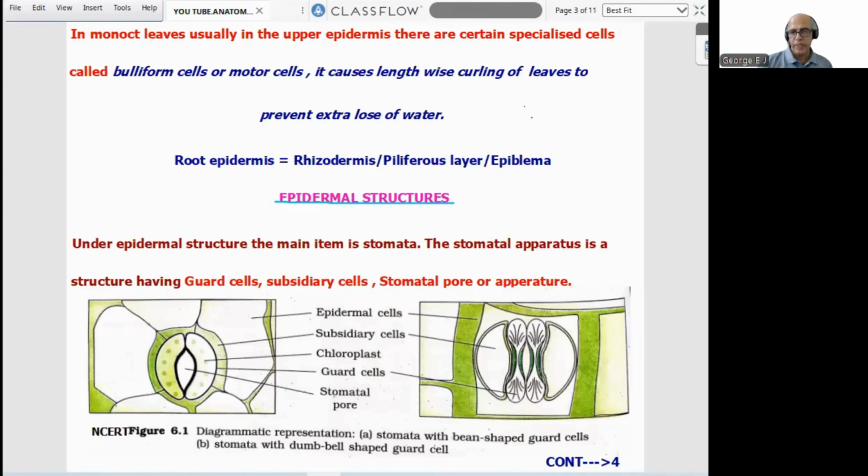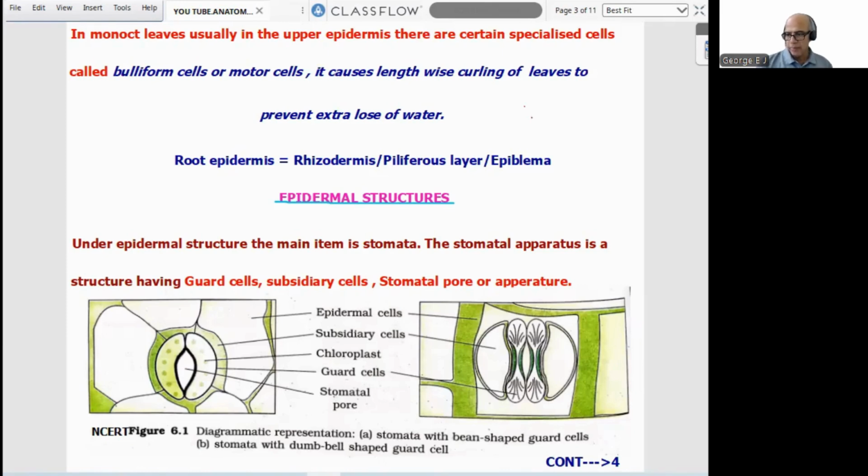In the next episode, we will study the structure, etc. It causes lengthwise curling of leaves. The purpose is to prevent extra loss of water. Root epidermis is otherwise called rhizodermis, piliferous layer or epiblema.